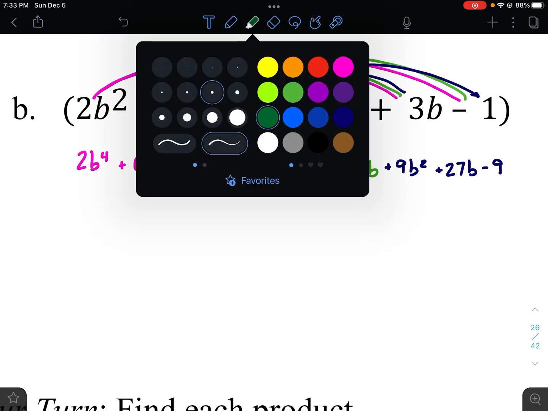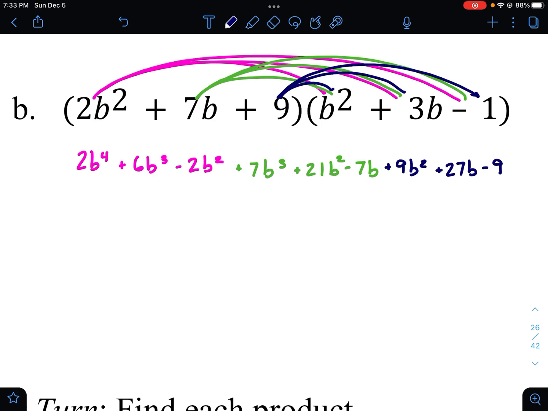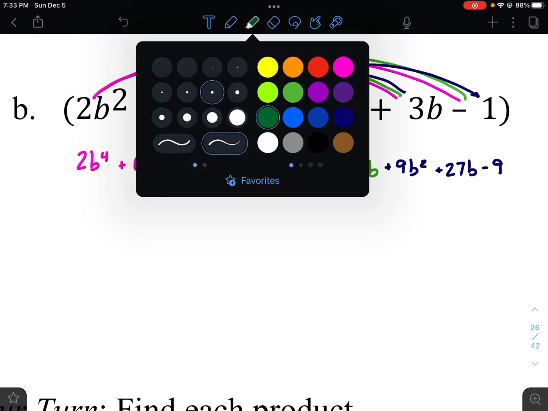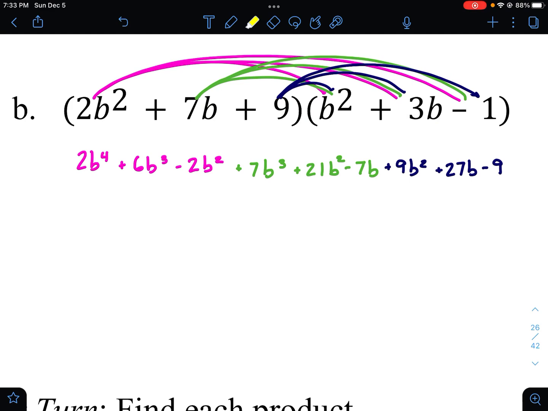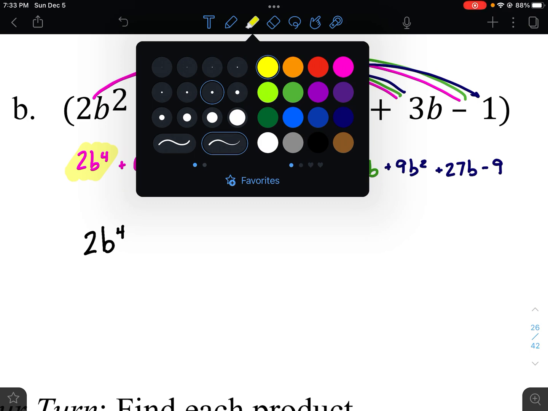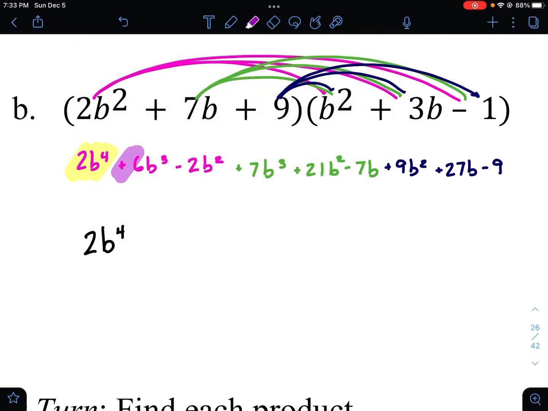All right, now to combine like terms. 2b to the 4th, nothing to combine that with. 6b cubed, 7b cubed, that's it. So I have a plus 13b cubed.